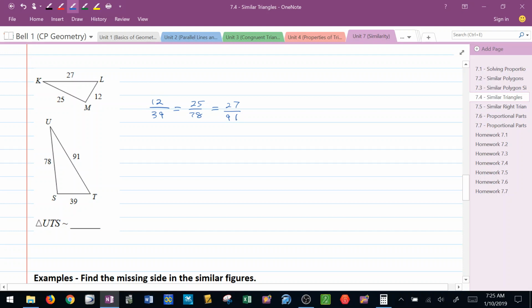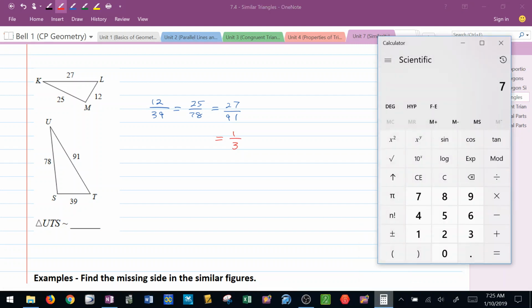Okay, so if I look to simplify these fractions, they must all simplify to give me the exact same fraction. Now, for me, there's one that jumped out at me. I recognized right away that 27 and 91 would simplify to 1/3.